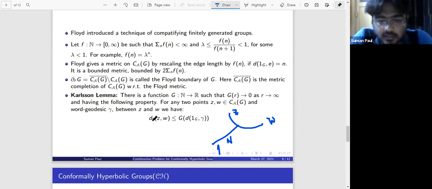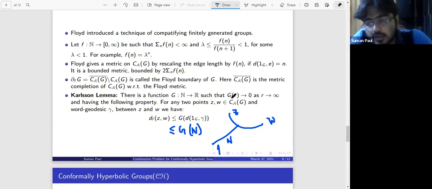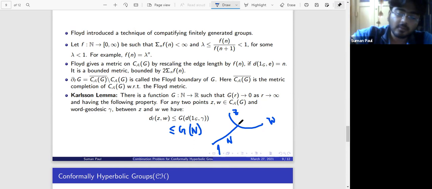Then you can show that the distance between Z and W is less than or equal to G of n. As mentioned here, this G has the property that G of r tends to 0 as r tends to infinity. So if this geodesic is far away from the identity, then the Floyd distance between Z and W will be small.